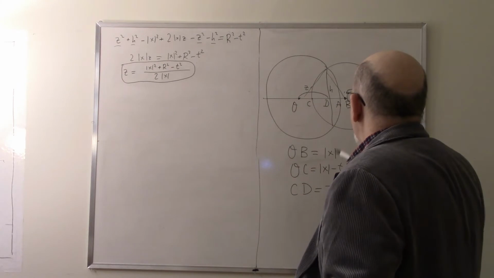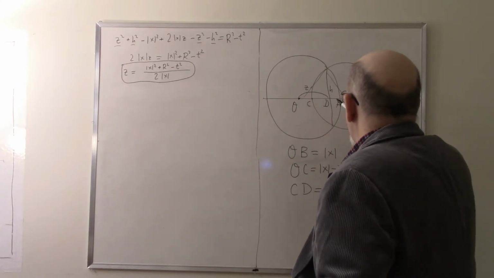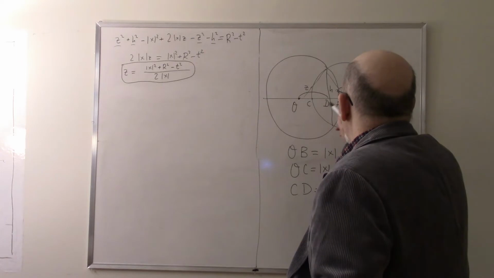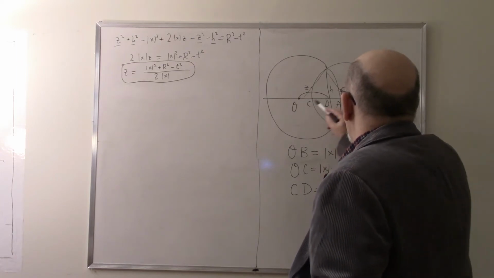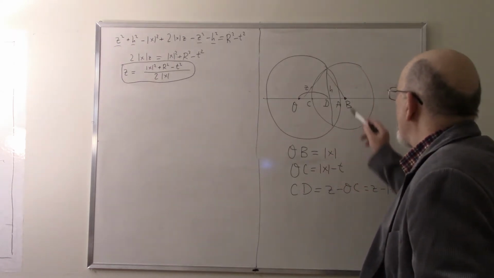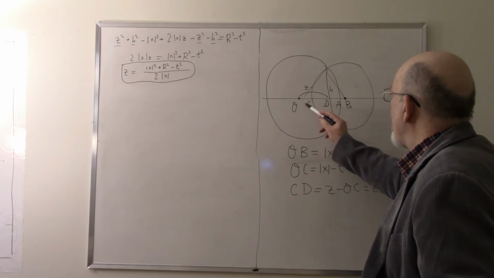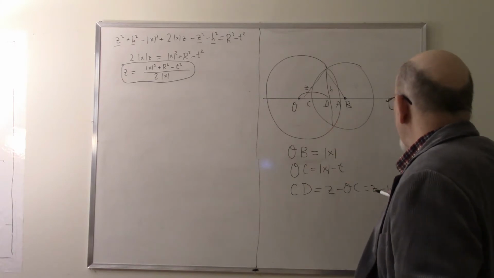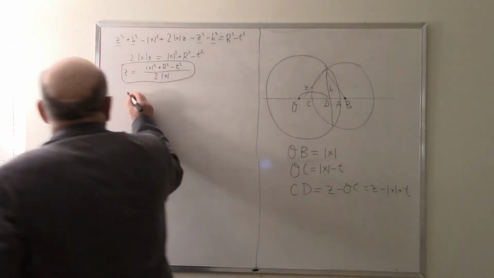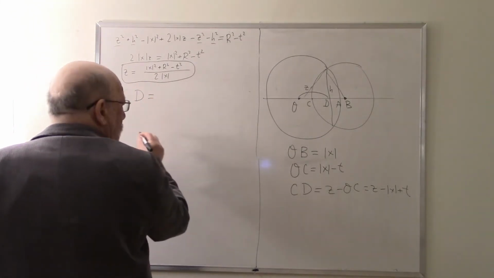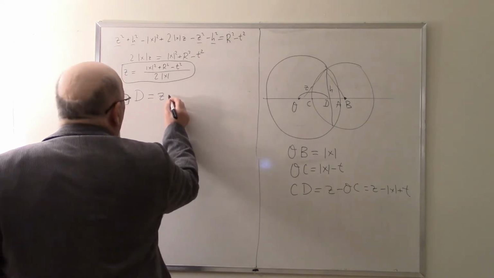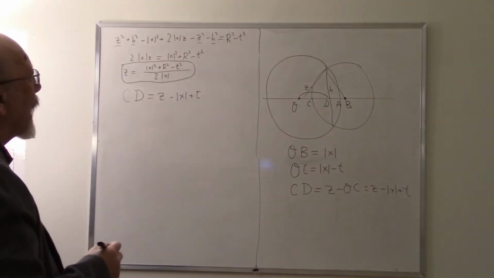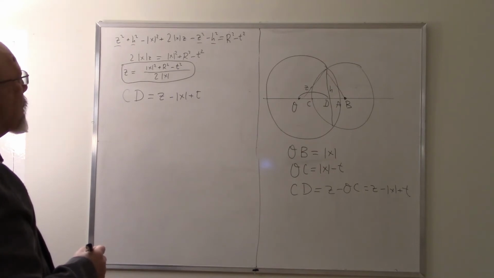CD is found because OC is OB minus BC, OB is module X, and BC is T, and OD is Z, so CD equals Z minus module X plus T. So CD equals Z minus module X plus T. And now it is CD.